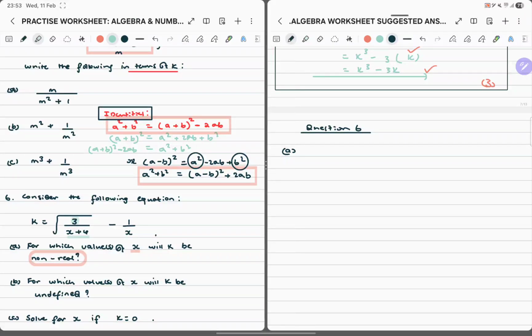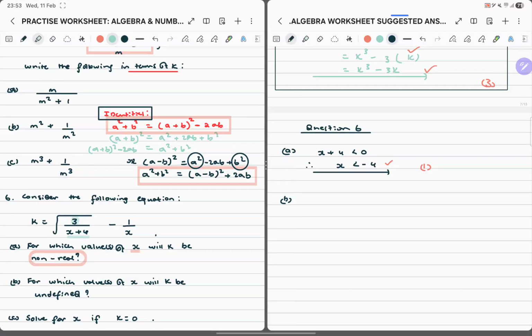So this means for this to be non-real, it means x plus 4 must be less than 0. So therefore this happens when x is less than minus 4. Nice and easy. Okay guys, these are very easy 2-mark questions usually, or even 1-mark questions. I would probably just give 1 mark here.